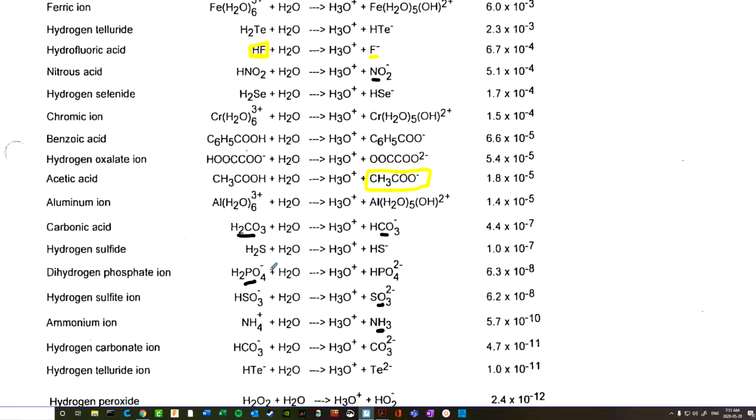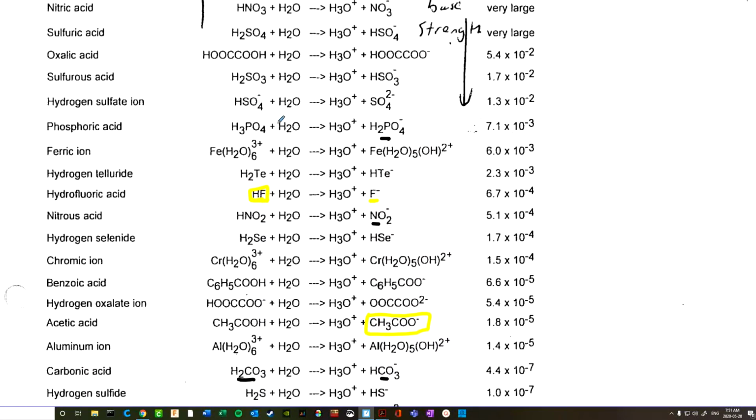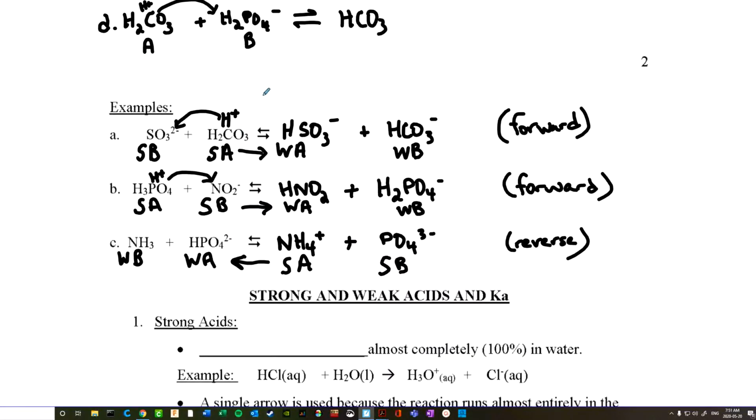And H2PO4 will have to become H3PO4 because it's gaining a hydrogen, and it's got no charge. So HCO3 and H3PO4. Okay, so this would be our conjugate acid, conjugate base. So let's compare our bases, HCO3 and H2PO4.